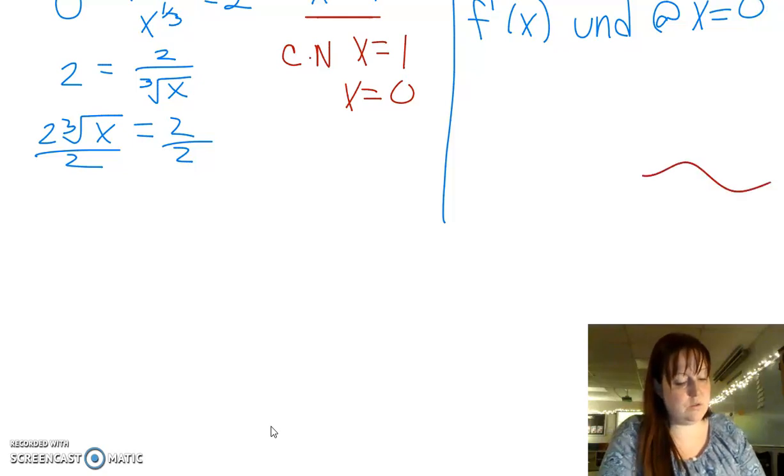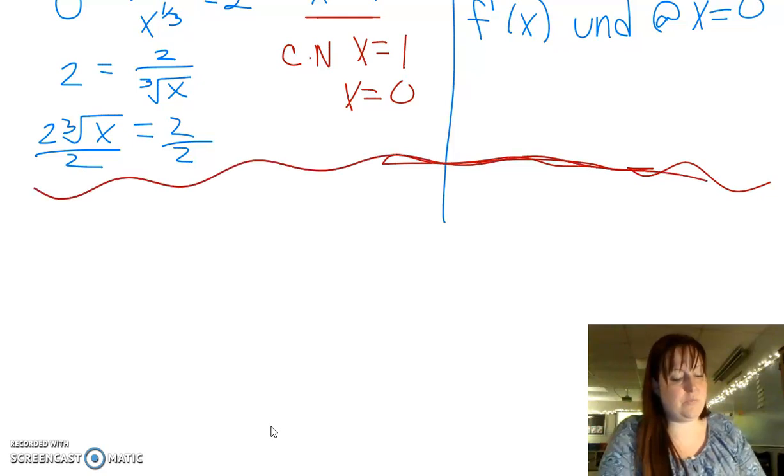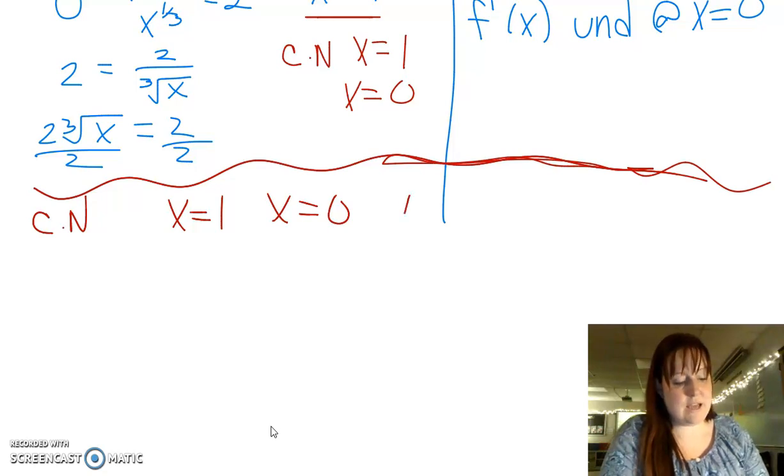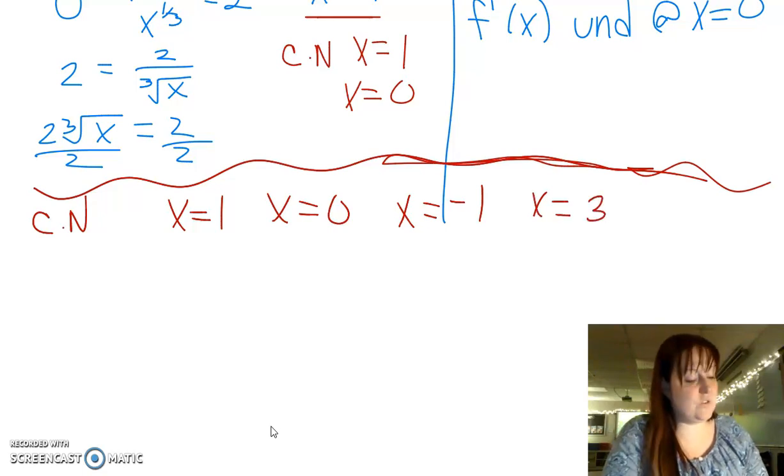So we have critical numbers at x equals 1 and x equals 0, and then we have endpoints at x equals negative 1 and x equals 3. So let's check what the value for each of these is and see which has the highest and the lowest values.